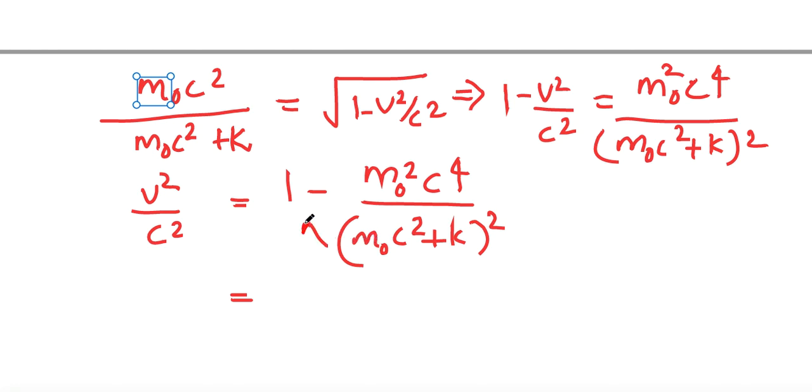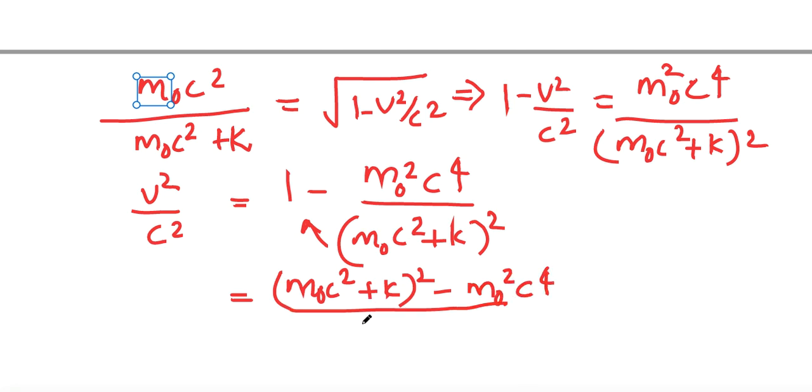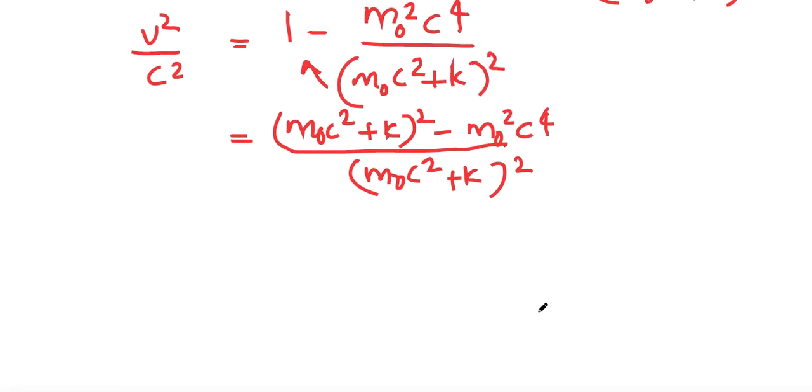This will go here, by cross multiplication. We will get (m0 c square plus K) the whole square minus m0 square c raised to 4, divided by (m0 c square plus K) the whole square. Now the first term here is like (a plus b) whole square, so we can expand this.